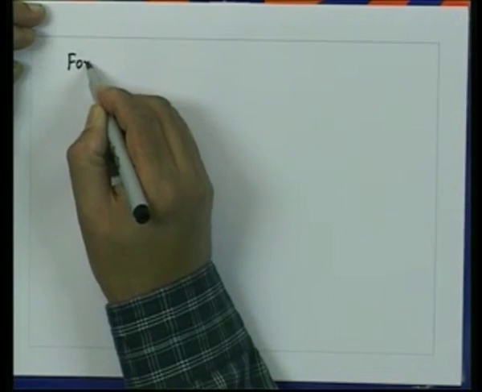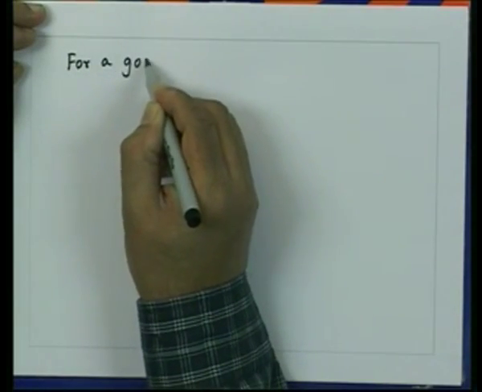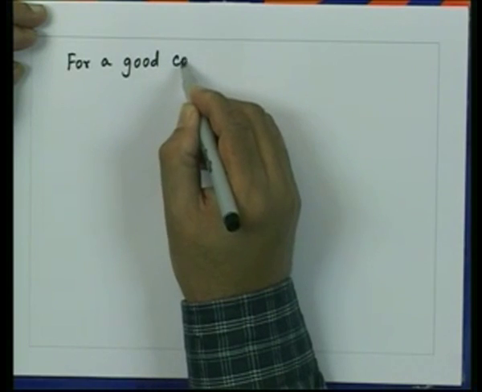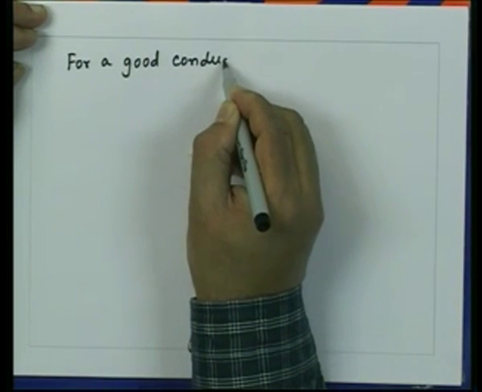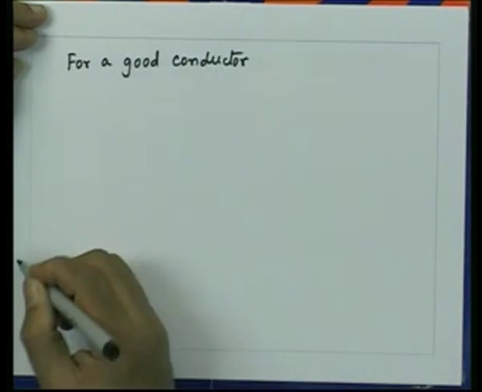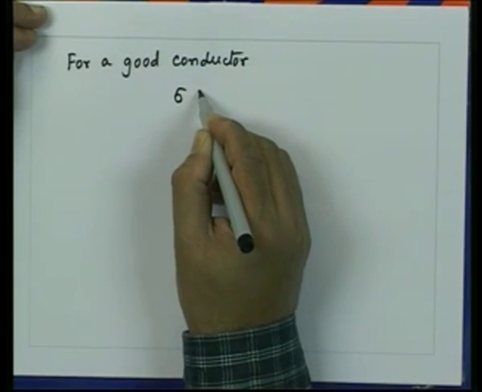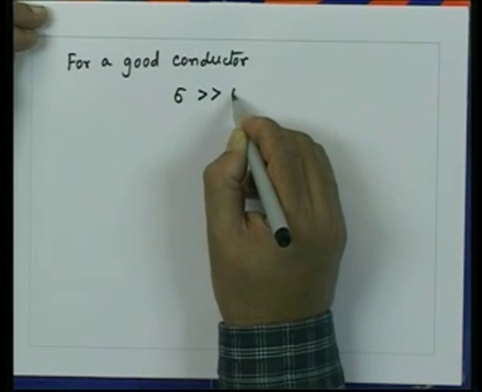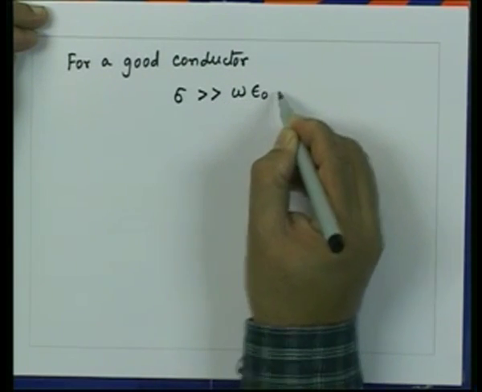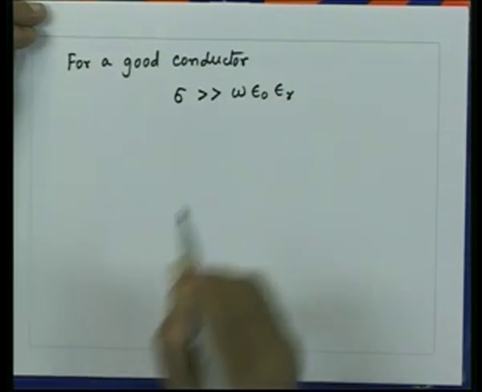So, for a good conductor, we should have sigma much greater compared to omega epsilon 0 into epsilon r.